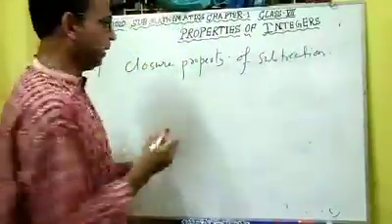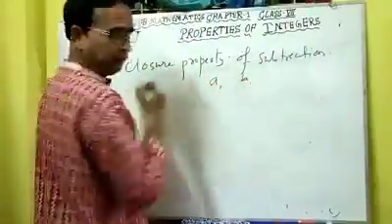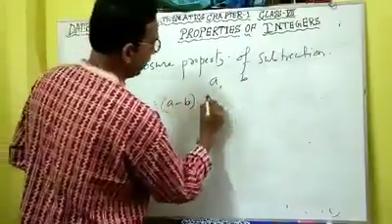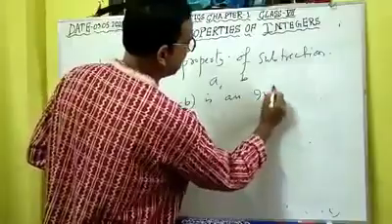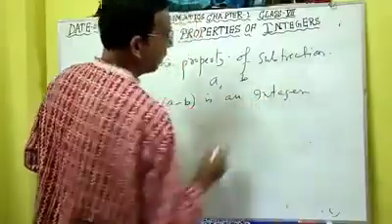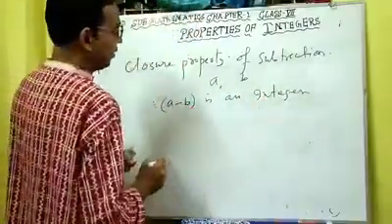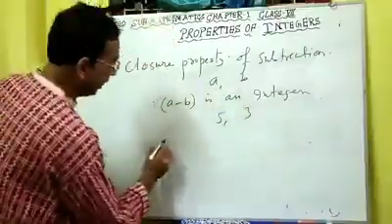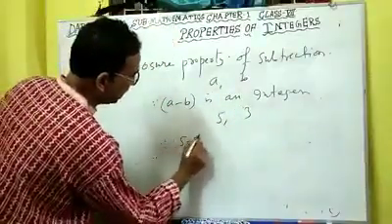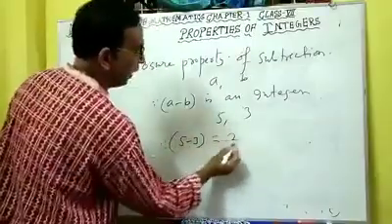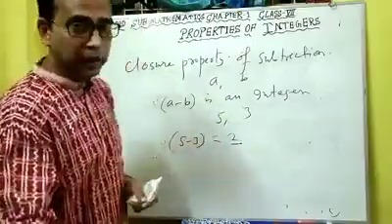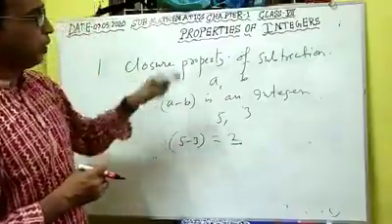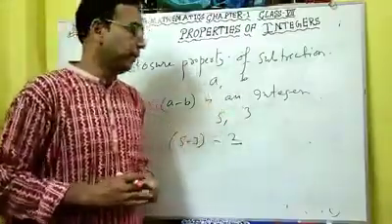For any integers a and b, a minus b is an integer. For example, consider two integers 5 and 3, then 5 minus 3 is equal to 2. Here 2 is also an integer. Okay. So closure property of subtraction of integers is verified.